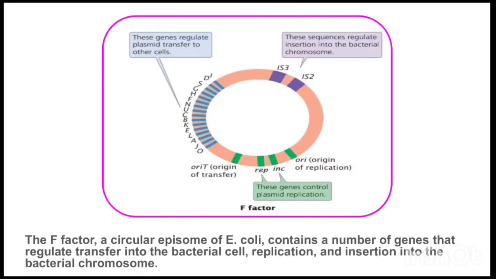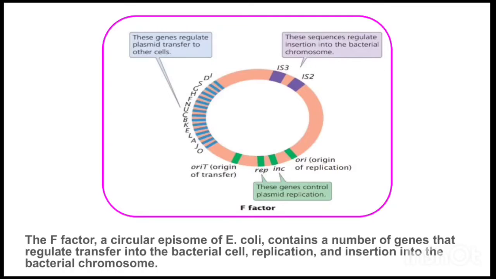Then Rep and Inc, these are the genes which control plasmid replication. Then oriV, that is the origin of replication, from where the replication is initiated. And then IS3 and IS2, these are the insertion sequences which regulate insertion into the bacterial chromosome.